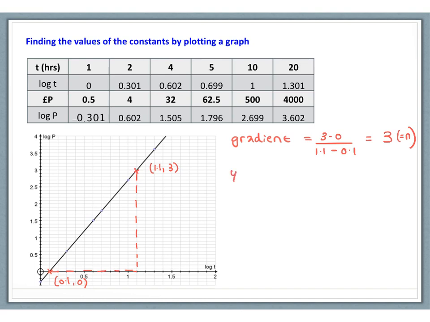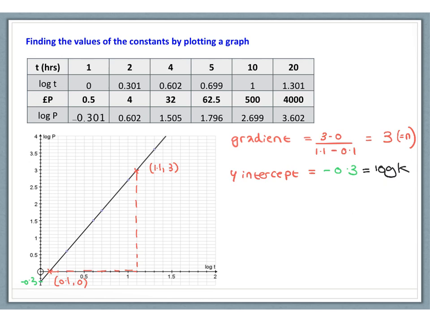Now our y-intercept is equal to negative 0.3. And if you remember from the previous work we did, the y-intercept is equal to log of k.